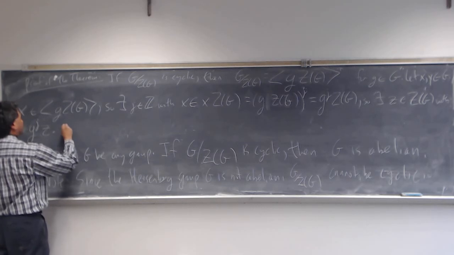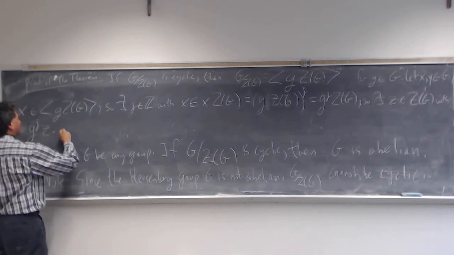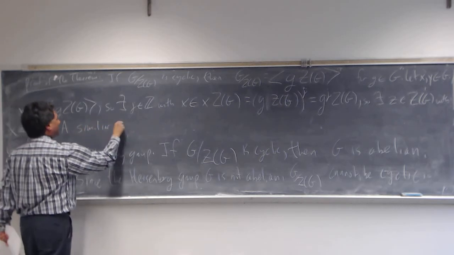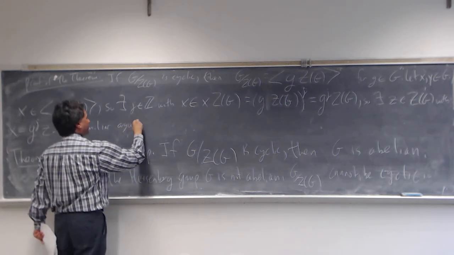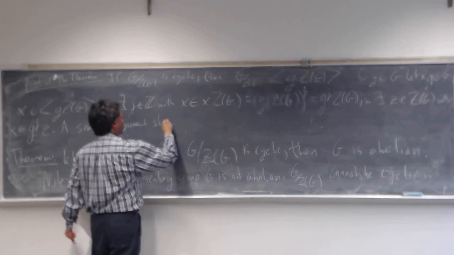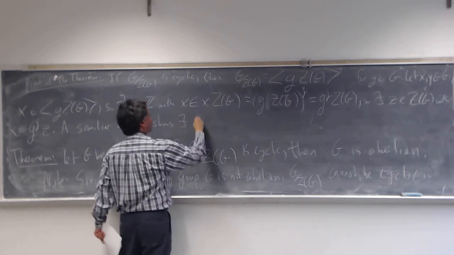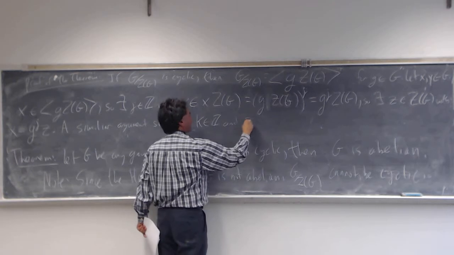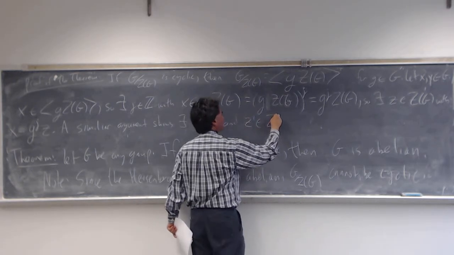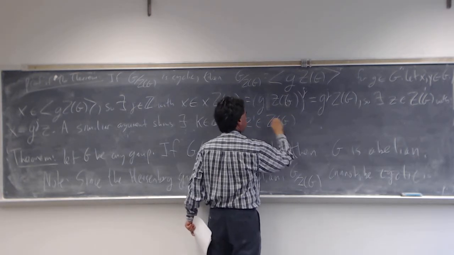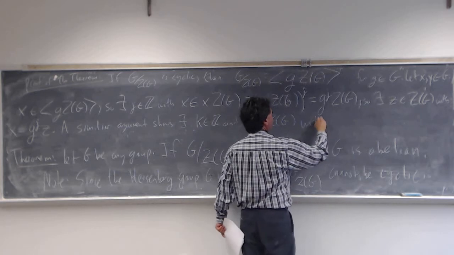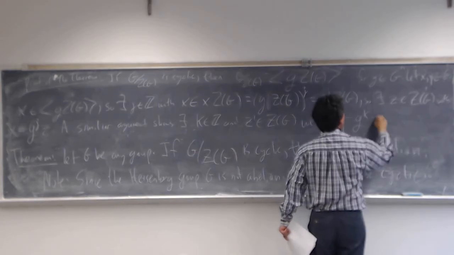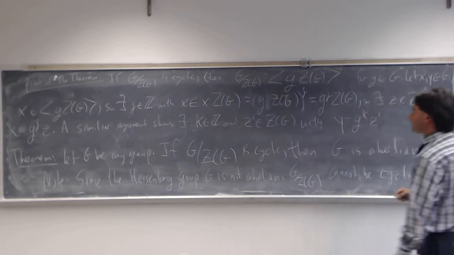So a similar argument shows there exists an integer k and some Z prime in the center with y equals G to the k times Z prime.